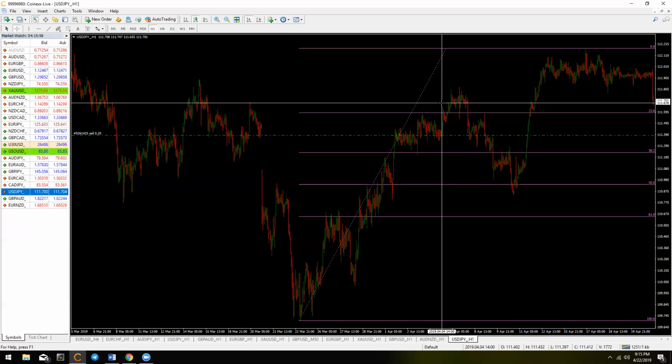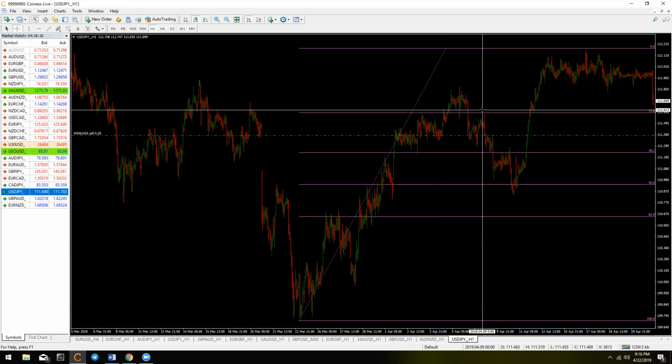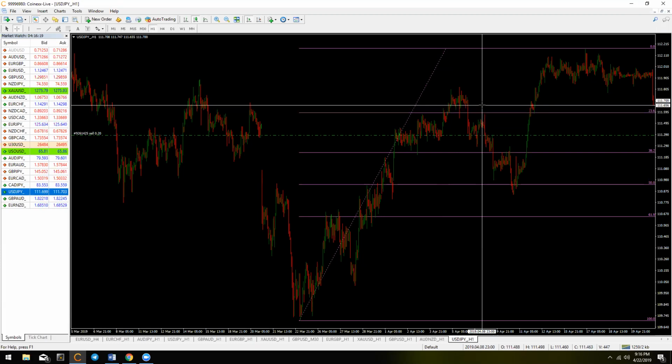So instead of putting in the pending order, you could put the call levels on there. Let me know when it's only 5 pips away from the 23%. And then you could just do a market execution and enter the trade that way.